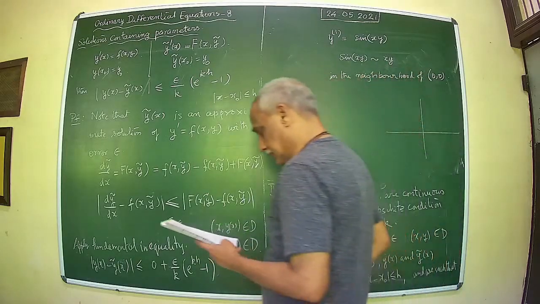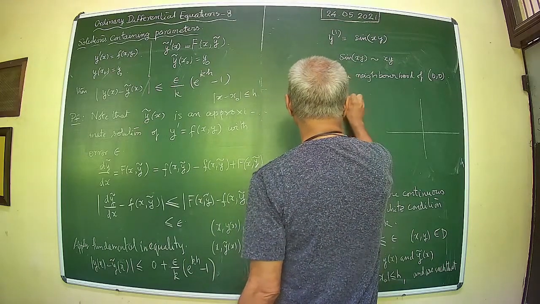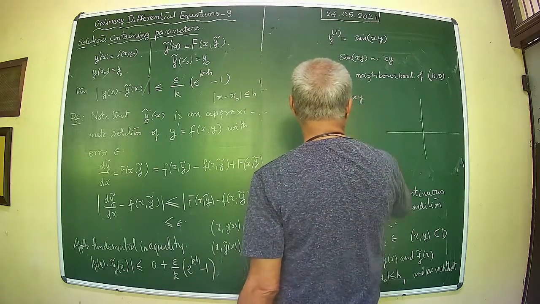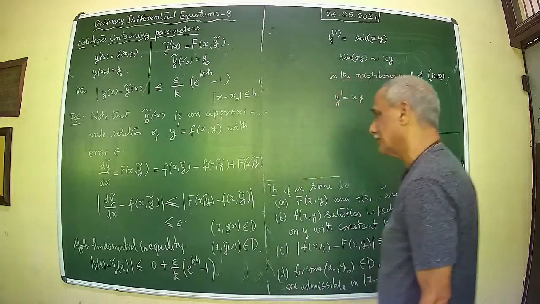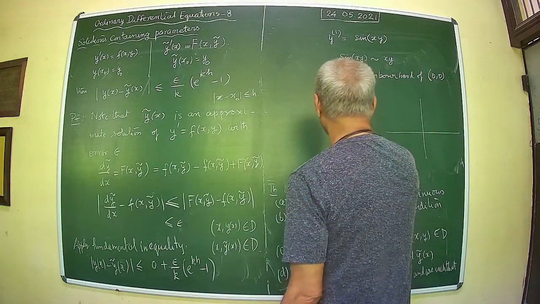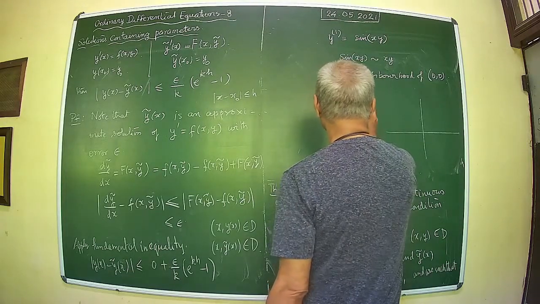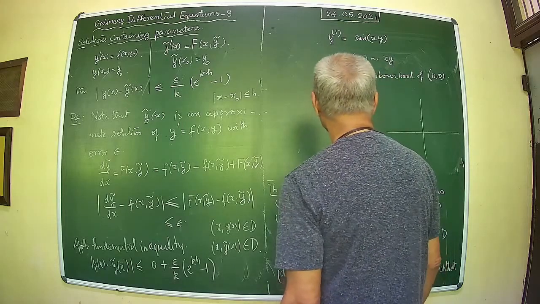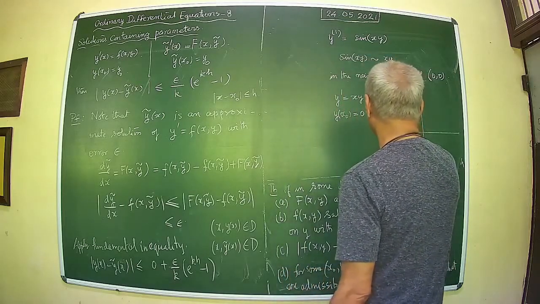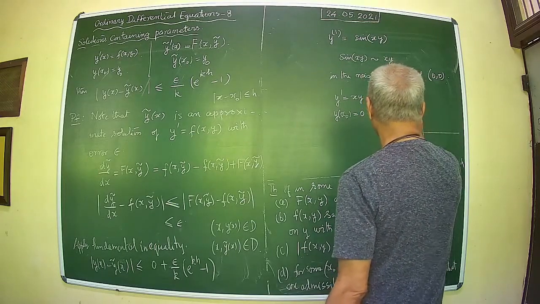Okay. Therefore, one can solve the equation y dash is equal to xy with the same initial data, something like y(0) equal to some y naught.